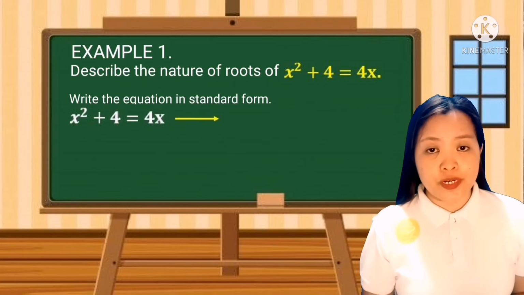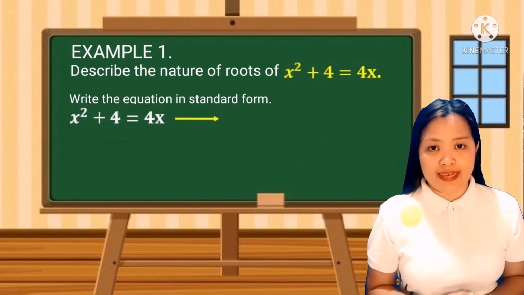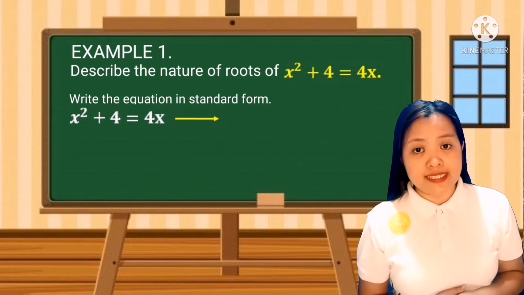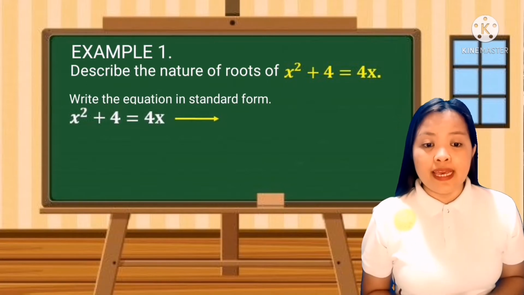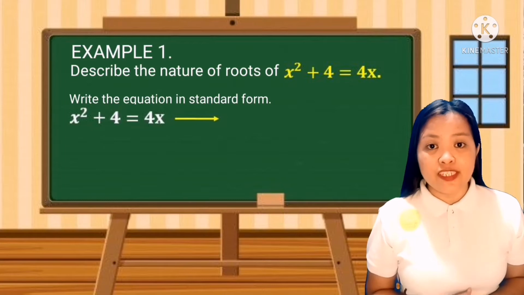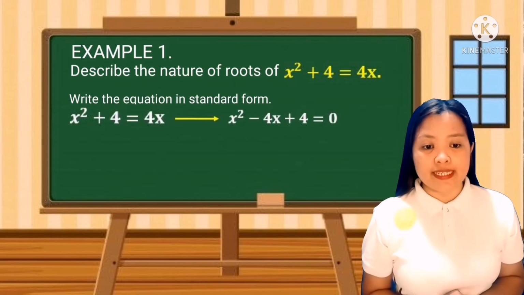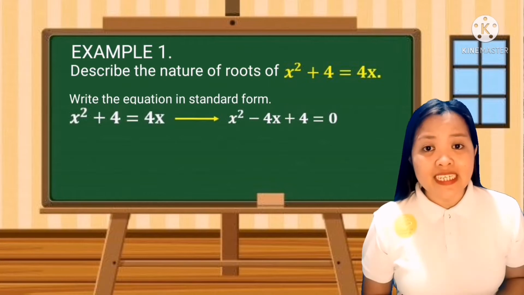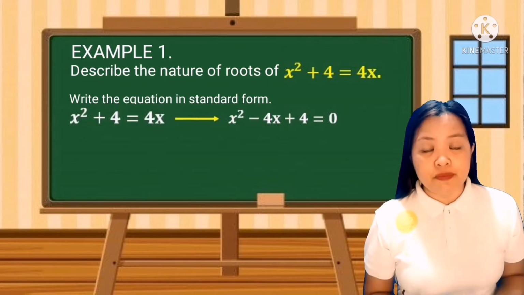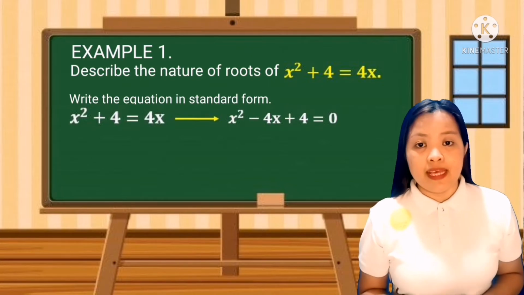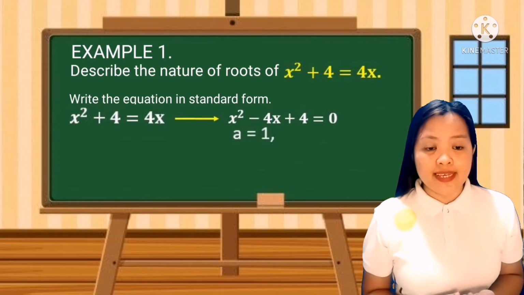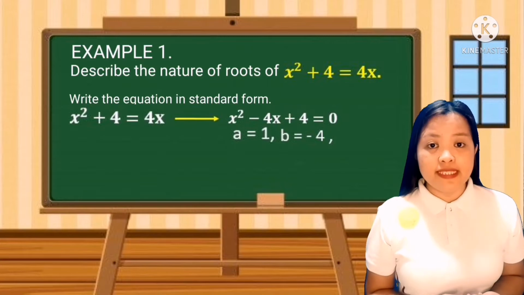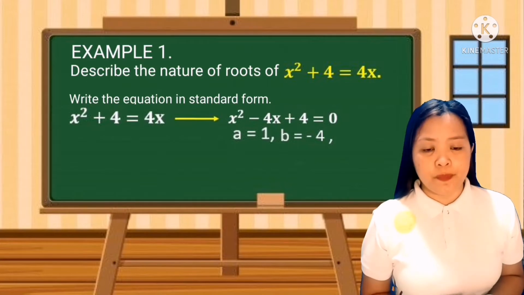Writing it in the form ax squared plus bx plus c equals 0, it will become x squared minus 4x plus 4 equals 0. Now, let us find the values of a, b, and c. The value of a is 1, the value of b is negative 4, and the value of c is 4.